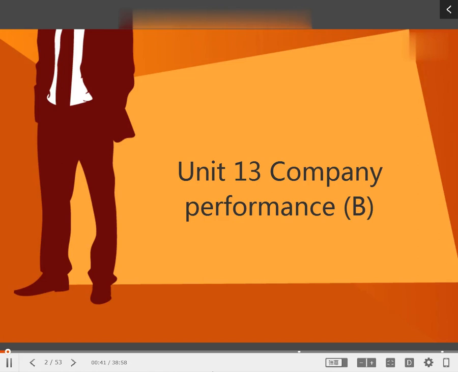We're going to break today's class into two. First of all, we're going to learn how to describe a company's financial performance and the reasons behind the success. And then we're going to learn how to present a company's financial performance in a presentation. Okay then, let's get today's class started.